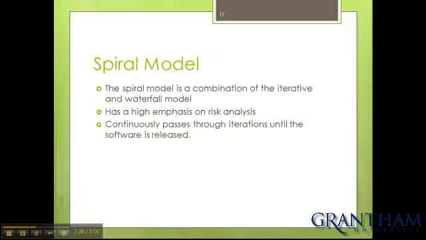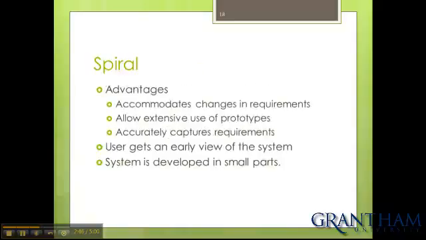The next model is the spiral model. The spiral model is a combination of iterative and waterfall model. It has a high emphasis on risk analysis. It continuously passes through iterations until the software is released. Some advantages of using the spiral are that it accommodates changes in the requirements. It allows extensive use of prototypes.